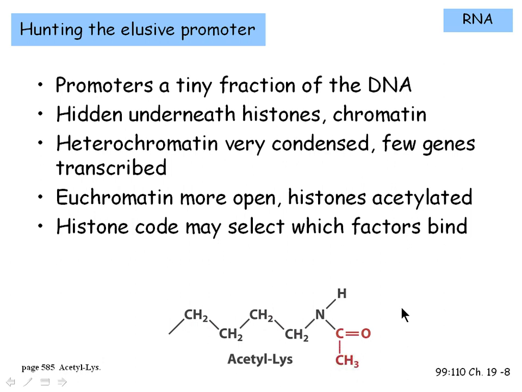Here's an example of how an acetyl group on a lysine would look. And you can see that acetylation changes the charge on that lysine so that you don't have the positive charge there. It lets it peel off a little bit from the negatively charged phosphate backbone of the DNA.